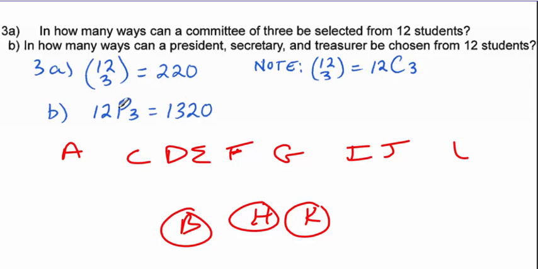combination. The second case, though, is the one where the ordering matters. If I pick this person first, or if I assign this person that position, then the position clearly matters. And so that's the permutation.